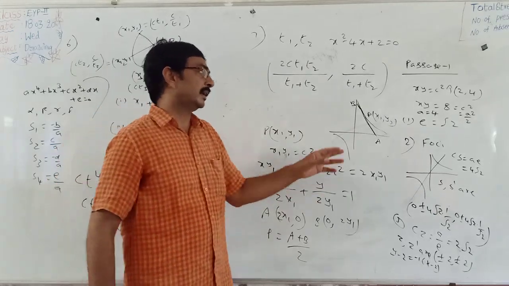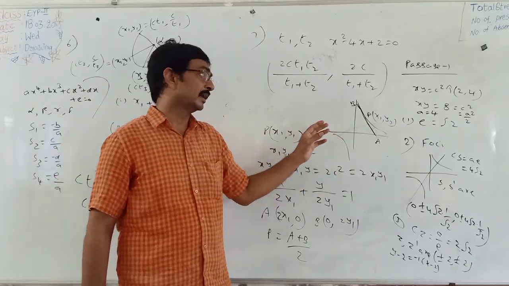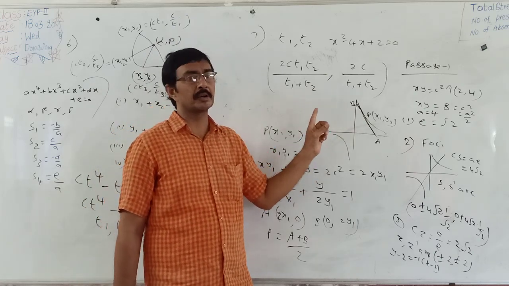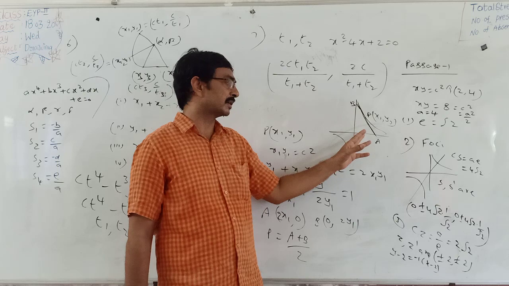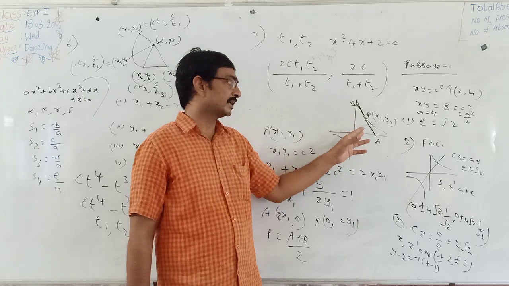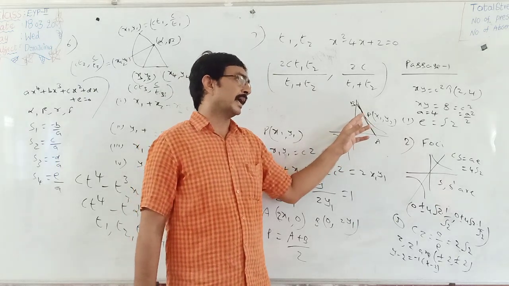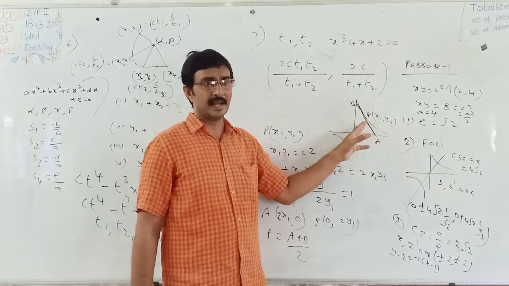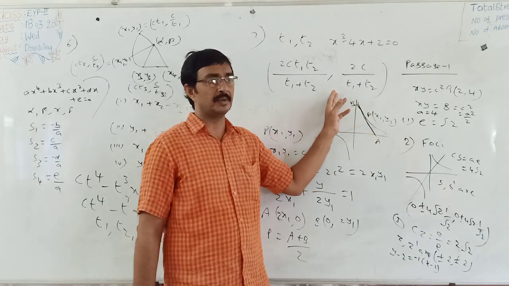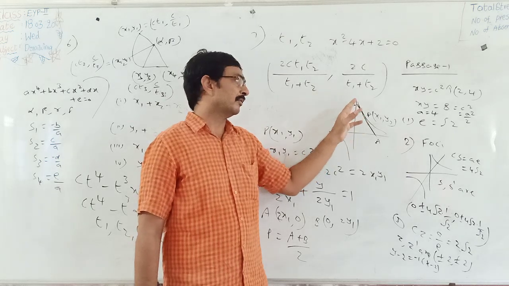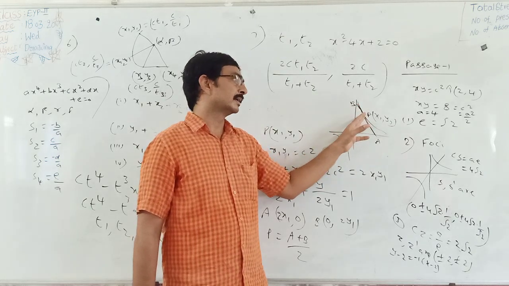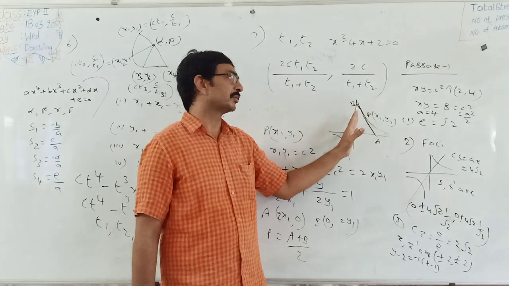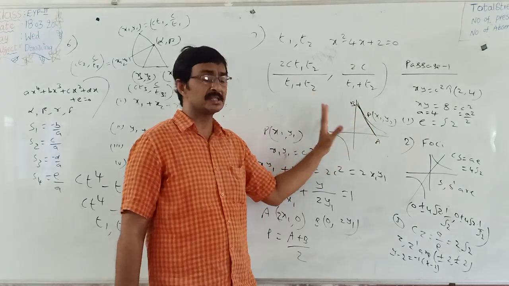So learn the statement by heart: there is only one curve which satisfies this property, that is, draw the tangent at any point P on the curve, it cuts the coordinate axes at A and B, and the midpoint of AB is P. The property is satisfied only by one curve, that is xy equals c square.